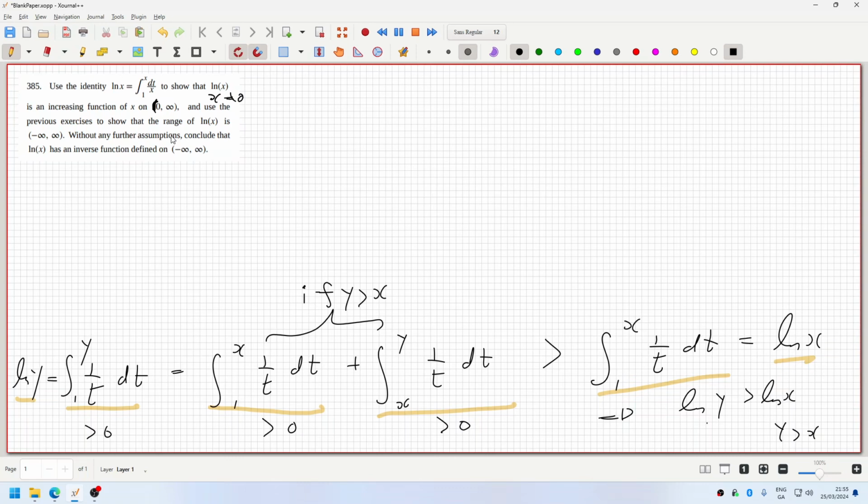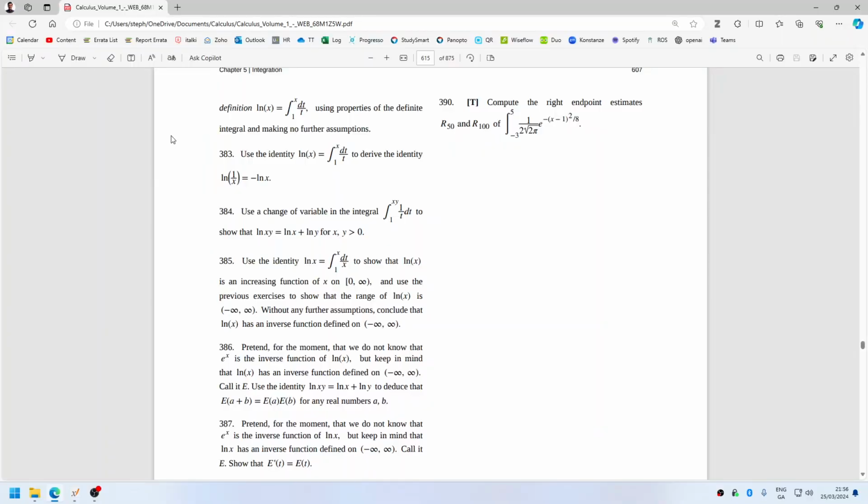Okay, and use the previous to show that the range of log x is minus infinity to infinity. Interesting. How to show that now? Interesting, as I used the previous exercise.